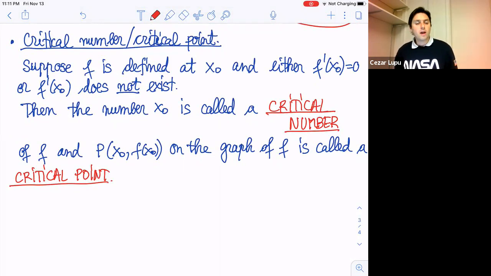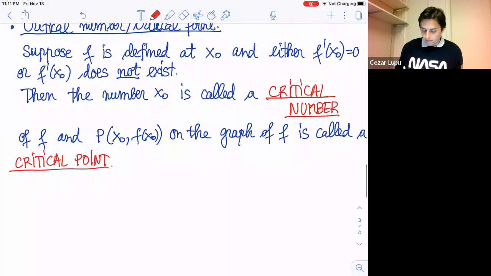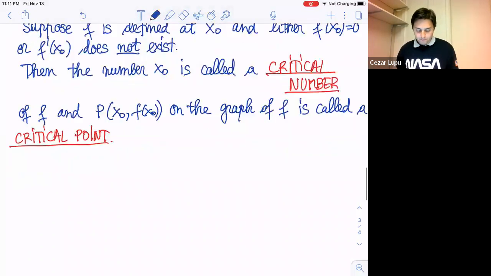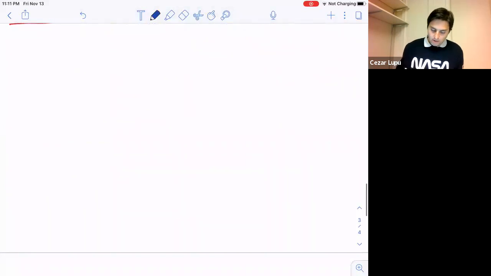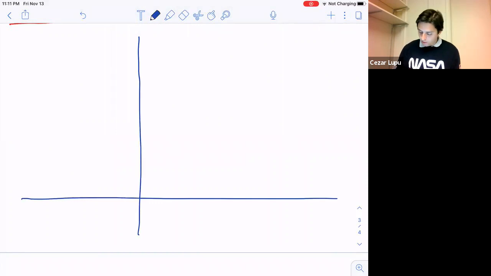And now let me draw a figure. I would like to draw the graph of a function, and you will see on the graph the critical points, which one is an absolute min, an absolute max, and so on, and which one is a relative min and relative max. So let me draw the following picture, because I think it's better to illustrate this graphically. I think you can understand it much better this way.